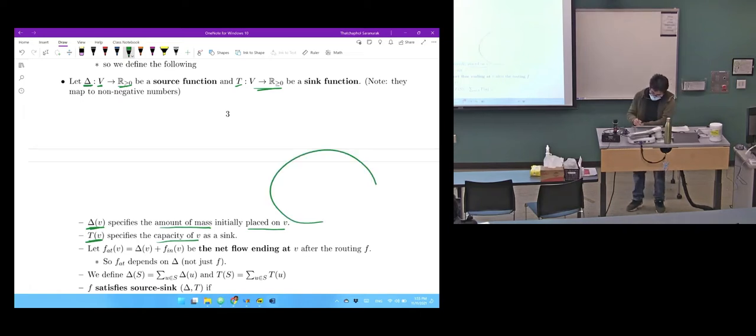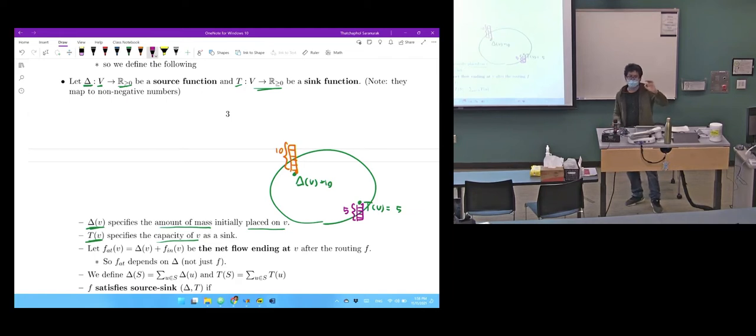Imagine if I say this thing is 10, then you have 10 units of flow, 10 units of mass here, and if this thing is 5, then it has 5 units of sink capacity, and you would like to move each of the mass somehow to some sink.